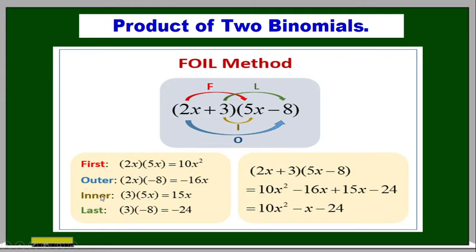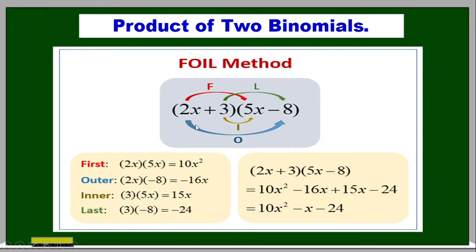And I stands for inner or the inside term. Okay, so we have this second term in the first binomial and first term in the second binomial. So inside yung nandoon sa gitna, nandoon sa loob, inner. So that is 3 times 5x, so that is 15x.